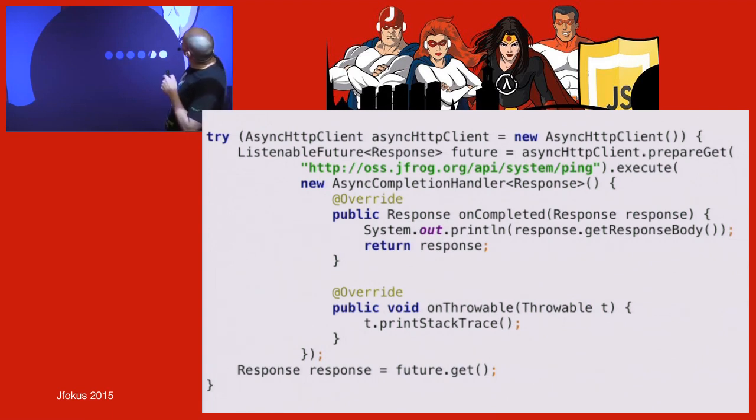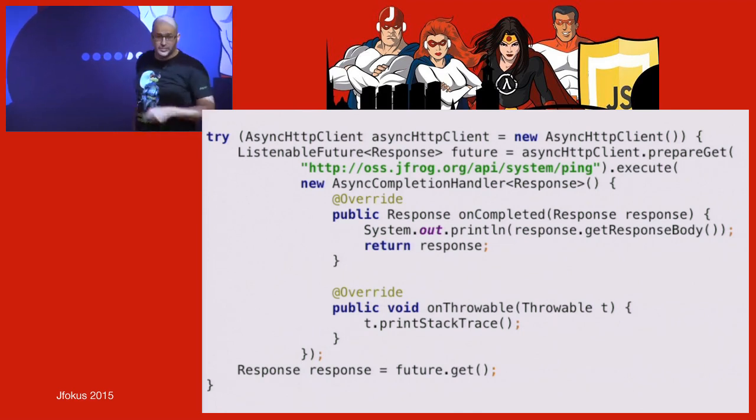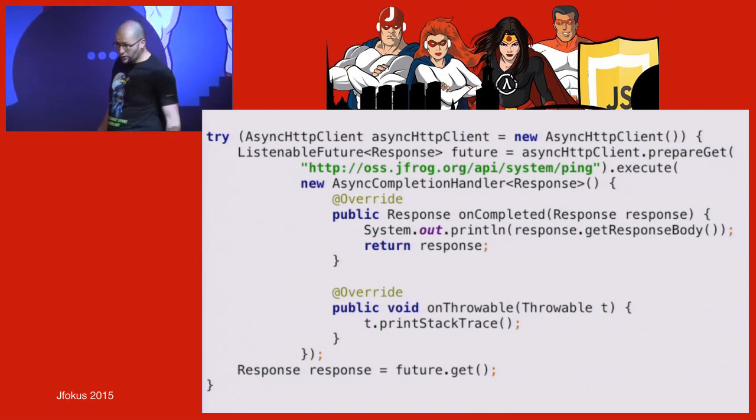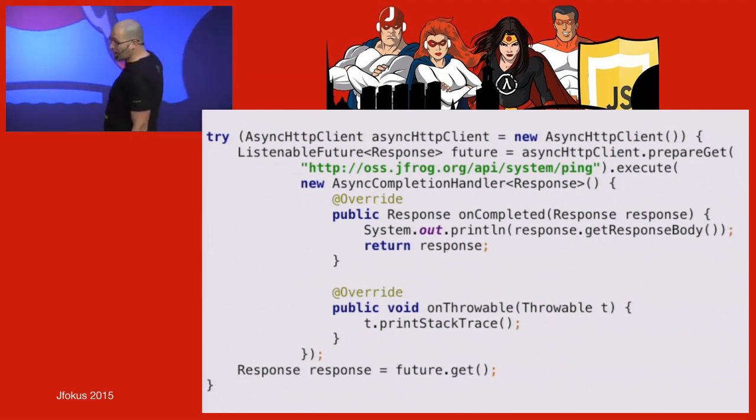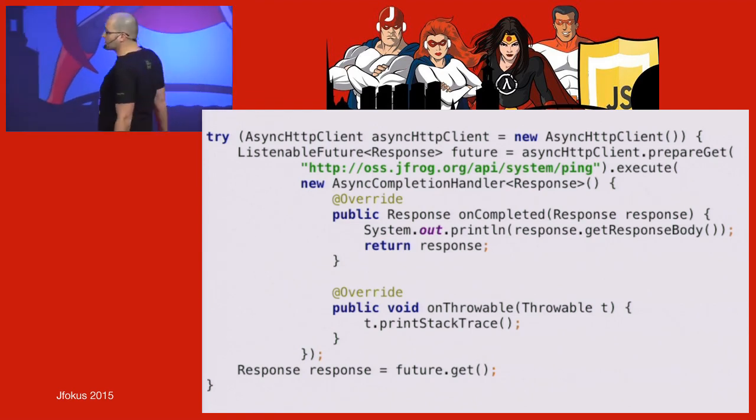Also, from the future that we get from the execute, once the request is completed, we can get an HTTP response. Right? So we do have callbacks, and we can get the whole response.